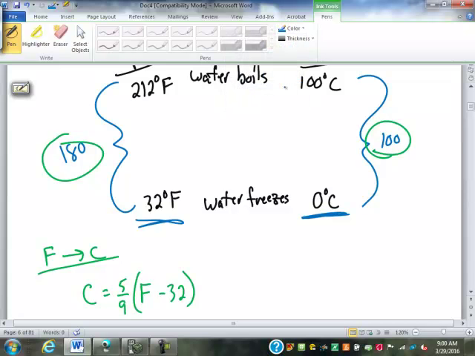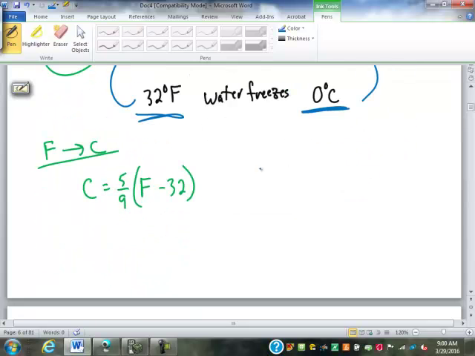So let's do human body temperature, 98.6 degrees Fahrenheit. Let's see what that would be in degrees Celsius. So 98.6 minus 32 is 66.6.